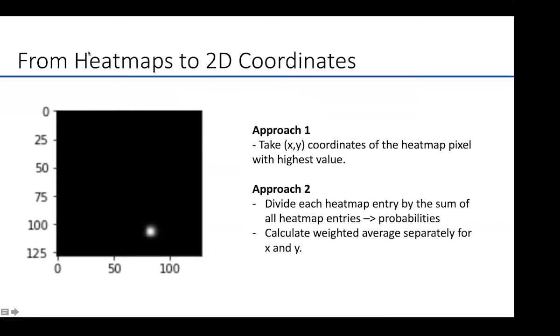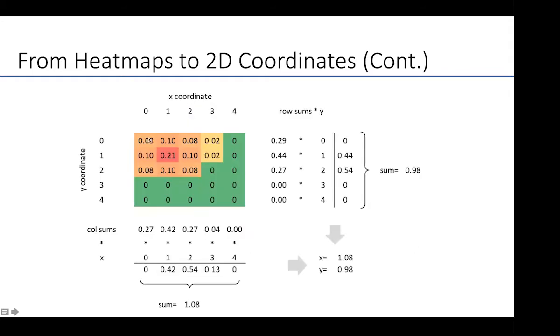We have a CNN that outputs a heatmap, but we need to restore 2D locations. There are two approaches. This is the heatmap. We can just select the maximum value, that maximum XY position, and make it the 2D location, or we can calculate the 2D mathematical expectation to find the location. Here is an example.